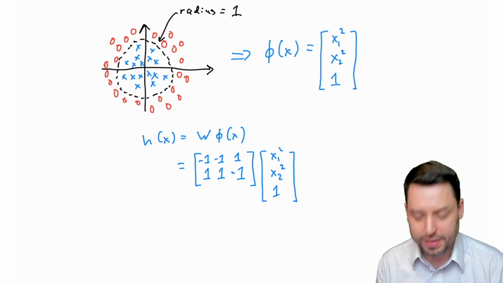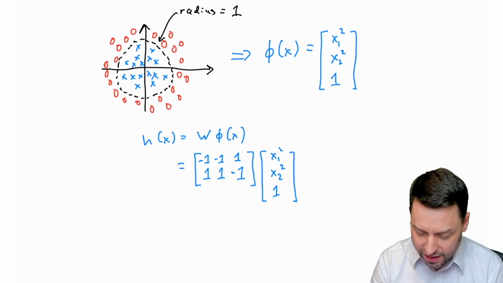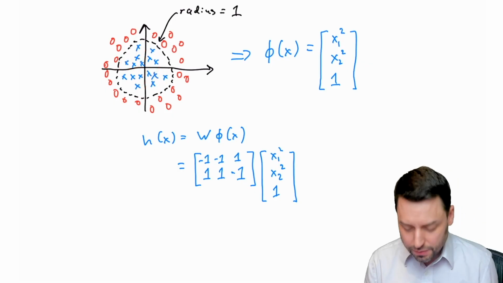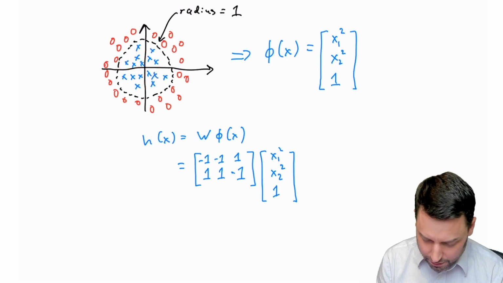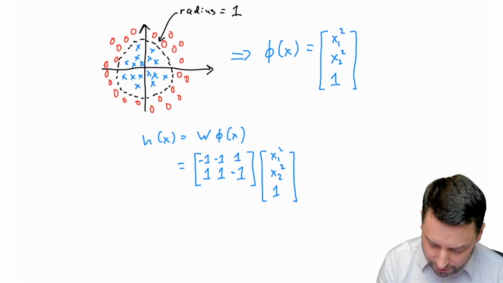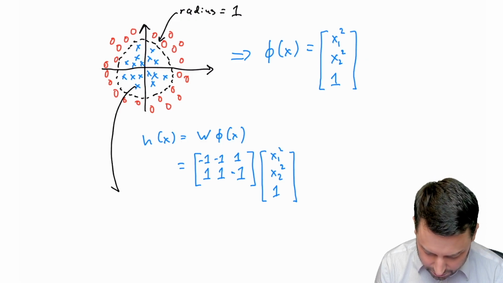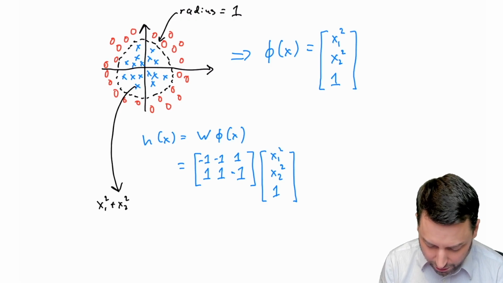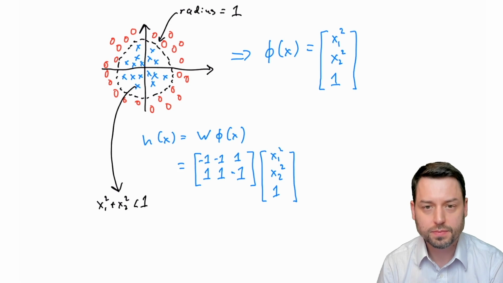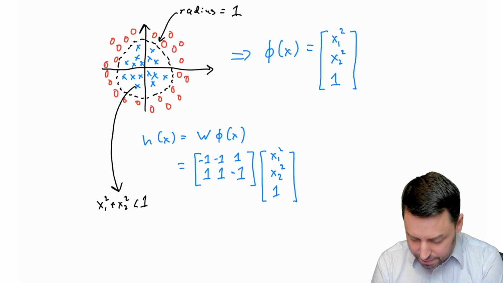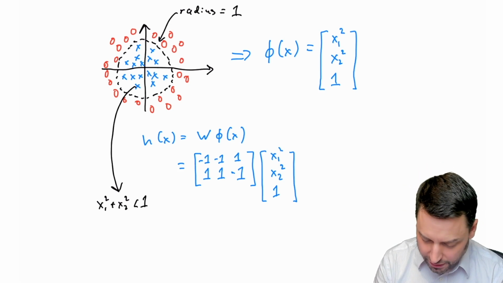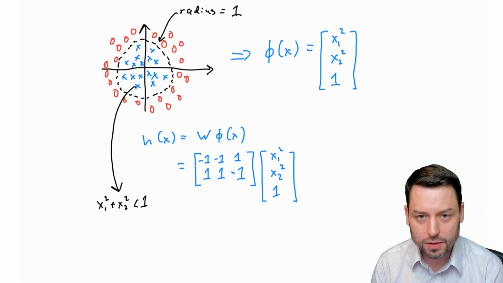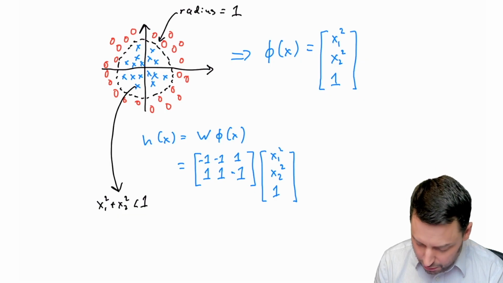And let's consider what happens if a point is within this circle here. So for these points here, let's draw it like this, we have x1 squared plus x2 squared is less than 1. What that means is, if we look at the inner product of this row and this column, what is that equal to?